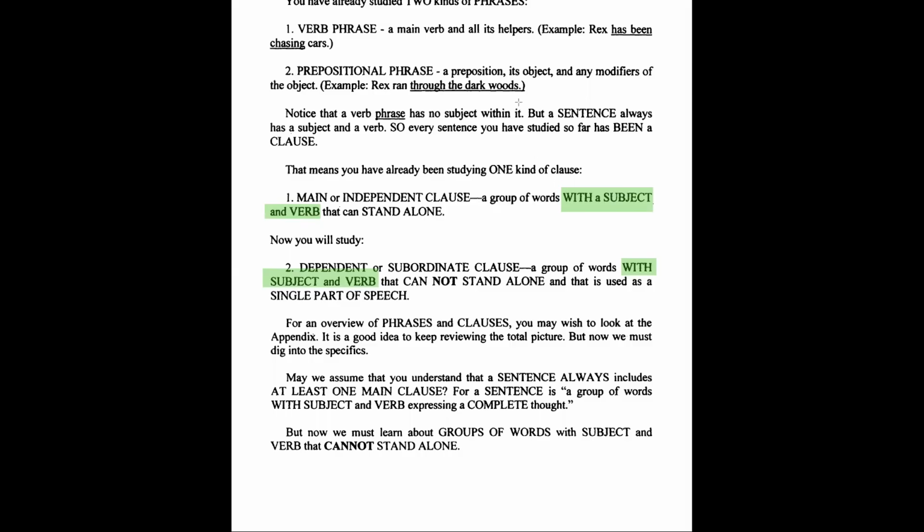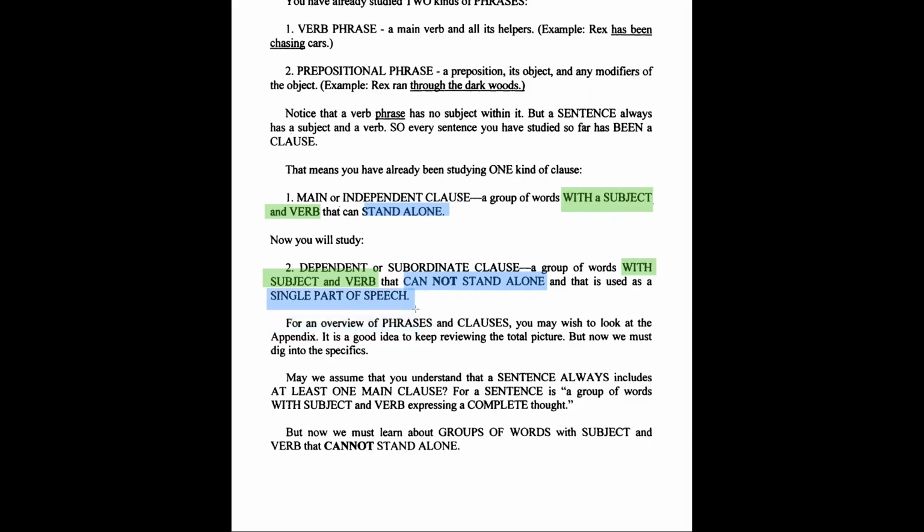So a couple differences here. What are the similarities first? They both have a subject and a verb. The difference is a main or independent clause can stand alone, whereas the dependent clause cannot stand alone. And it's used as a single part of speech.